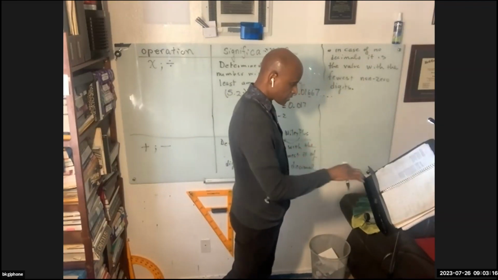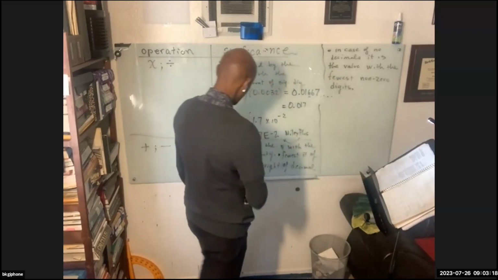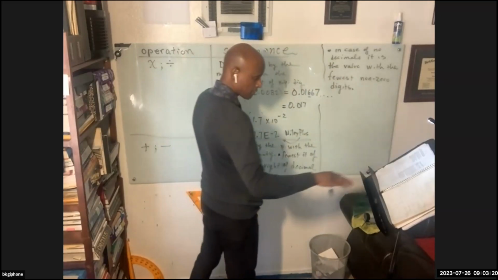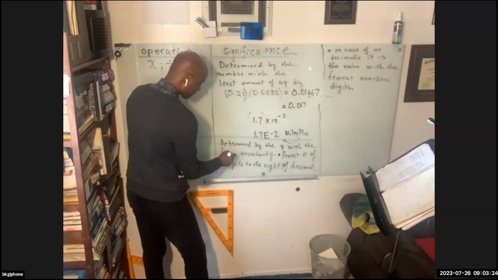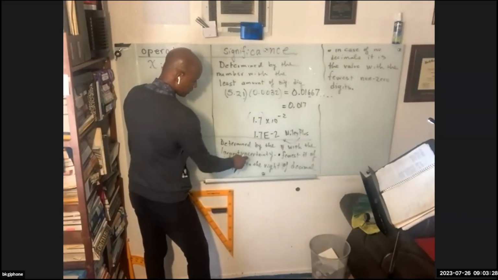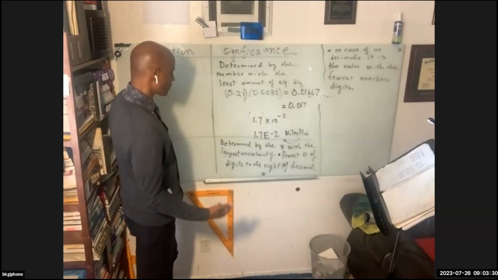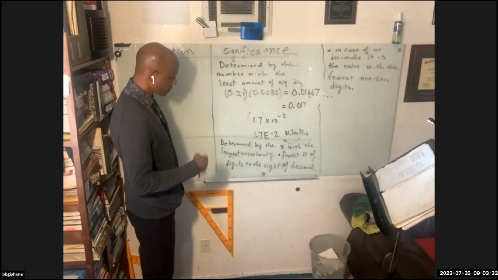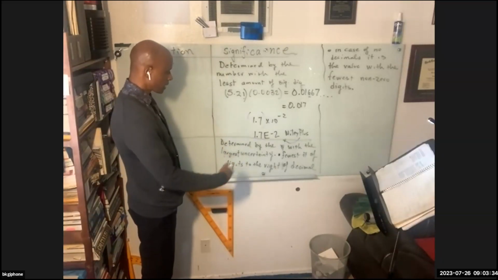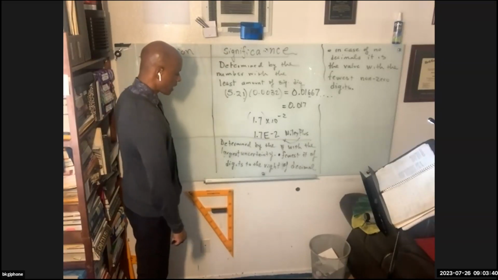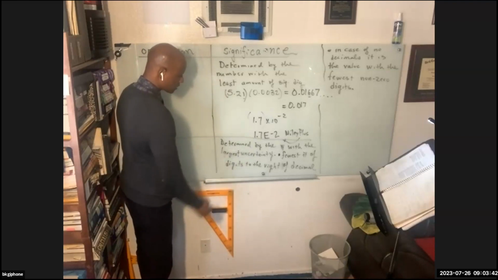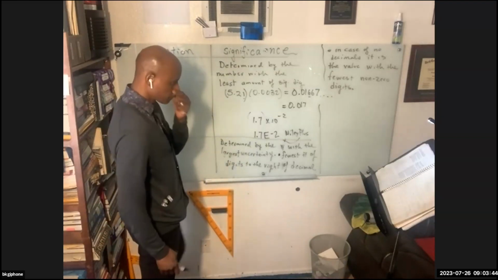I said least, but it's actually largest. Sorry, because uncertainty is a word that's written in the negative, so it's like having a double negative, which means the opposite of what it implies. So my bad. It should be largest uncertainty or highest uncertainty.